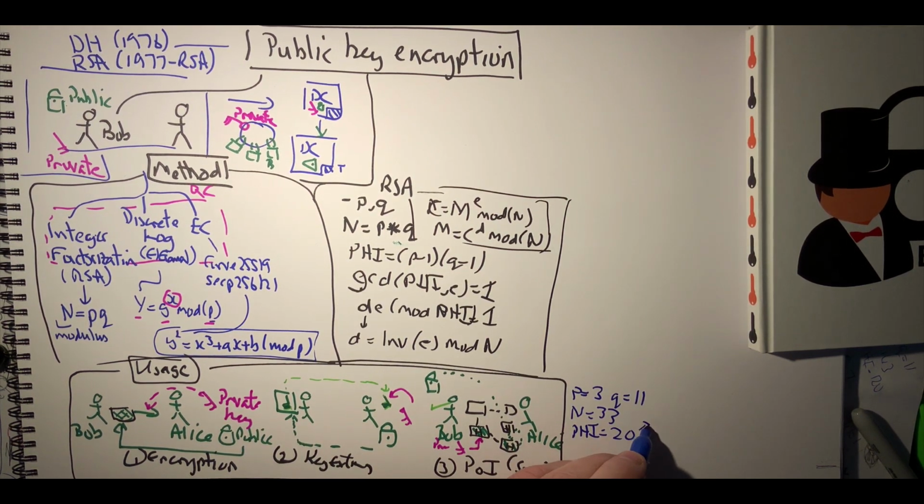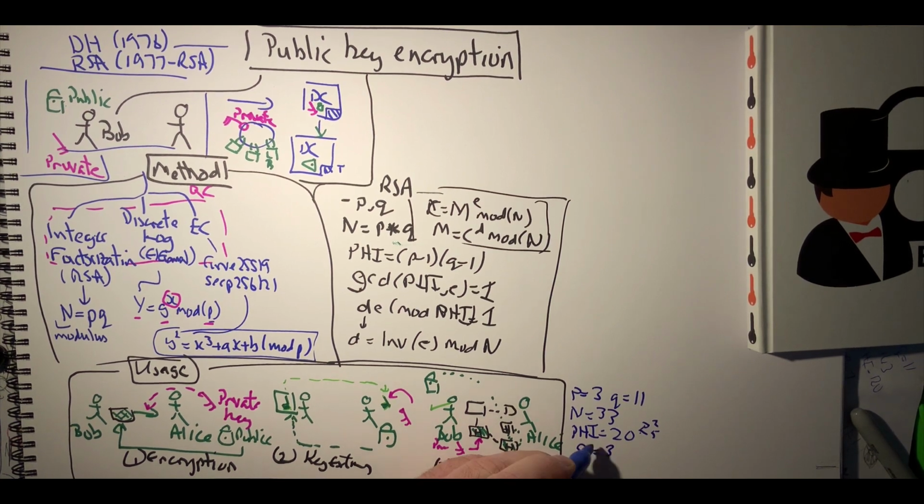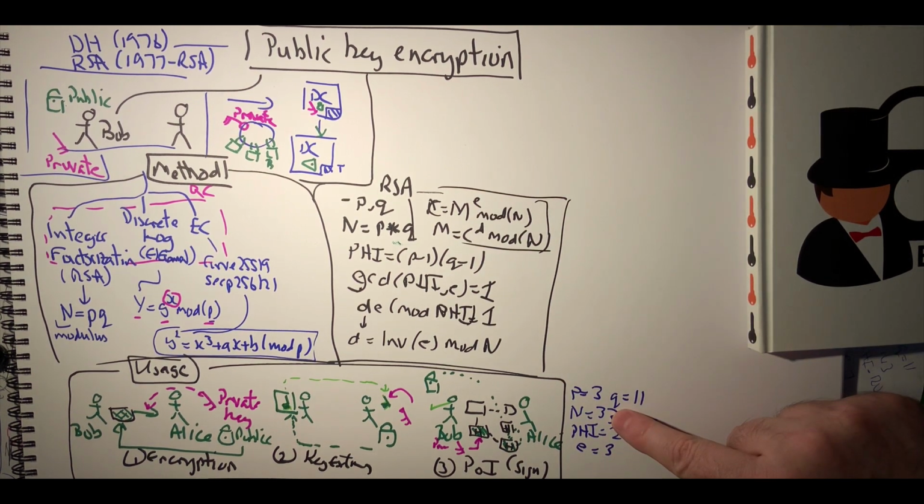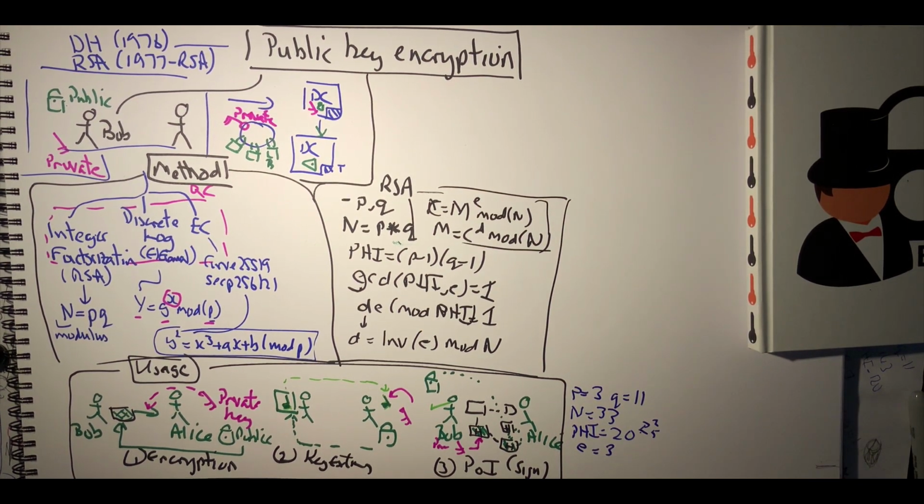The factors that we get in 20 are 2, not 3, 4 of course, 5, and so on. So we can't pick these values for E, so we might pick a value of 3. So 3 is our encryption key. 3 and 33 is the encryption key.